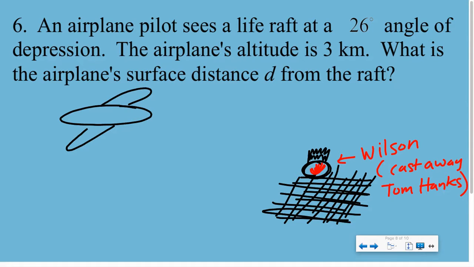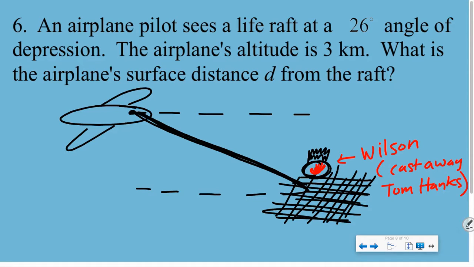Alright. Yeah, exactly. So again, you don't have to put that detail into it if you don't want to. But the airplane pilot sees the raft. So here's your line of sight. Your line of sight will always be the diagonal line. From your diagonal line, you have two horizontals. You've got one coming across the top, and you've got one going across the bottom. I like to put them both in.